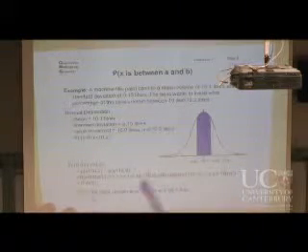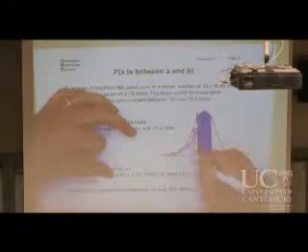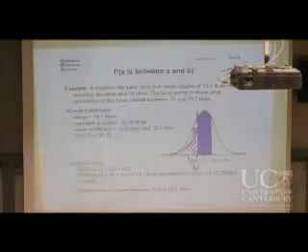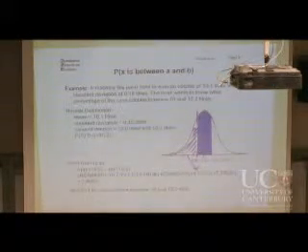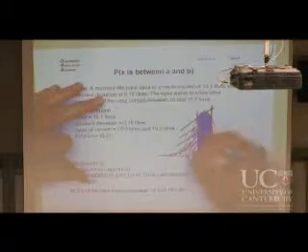So what we have to do is find this area here, which is the one from 10 downwards. So that's this bit here. And we also want to find this bit here. So that's that bit there.